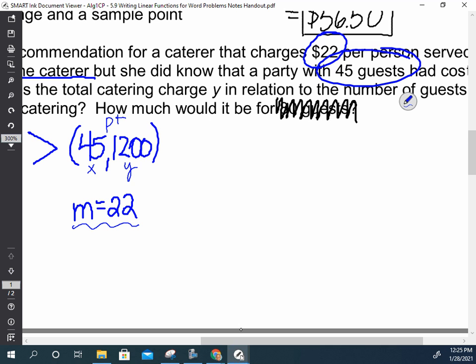So there are two ways that you can solve it. You can use y equals mx plus b: 1200 equals 22 times 45 plus b.